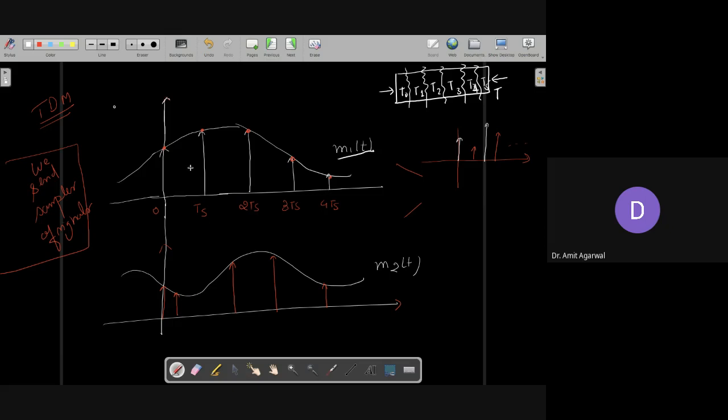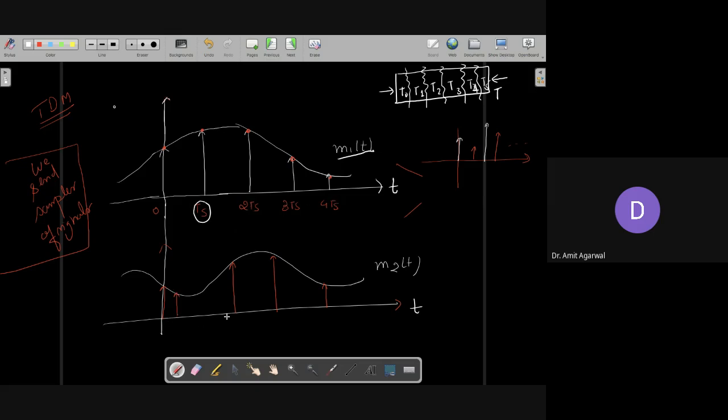What I mean is, this is your signal M1T and this is your signal M2T. So instead of transmitting this signal for all the time and also transmitting this signal for all the time, what we do, we first sample it at various specific time instants. ठीक है? So for example, you are first sampling your message signal M1T at 0, TS, 2TS, 3TS, and 4TS.